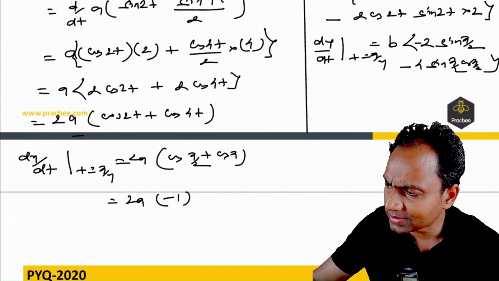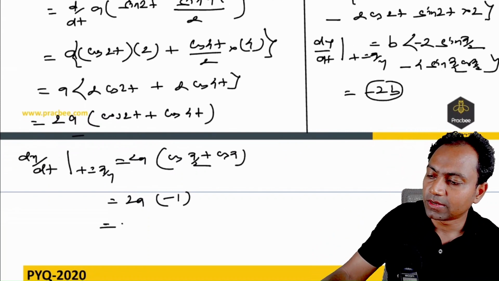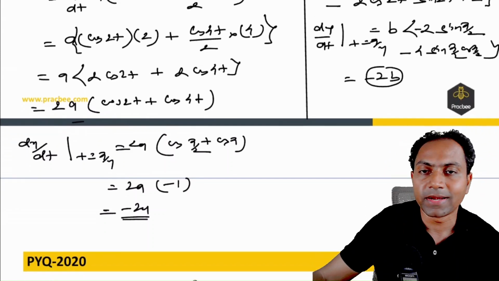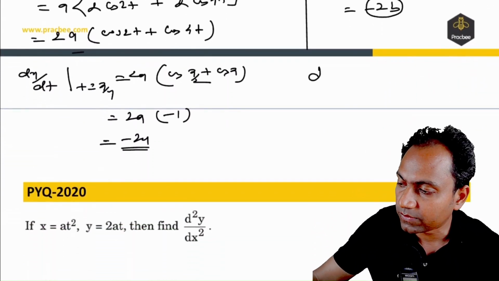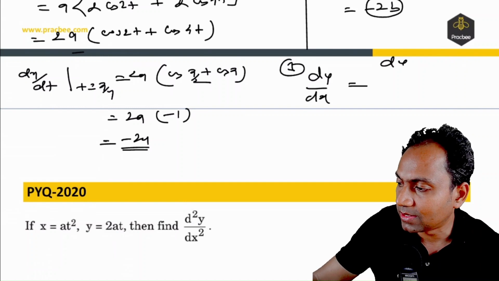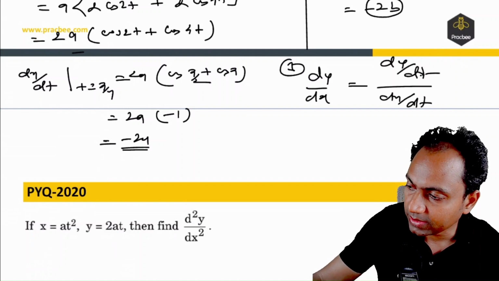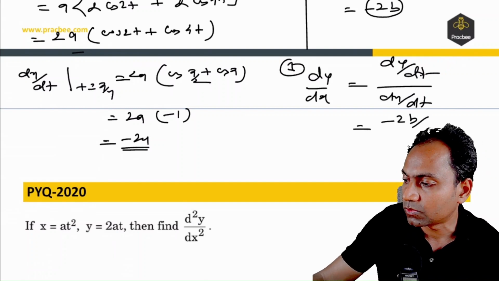And what we are getting is nothing but minus 2b from here, and what we got earlier was minus 2a. So because we want to find the value of dy by dx in the third part, we will divide dy by dt by dx by dt, and if I divide it, it becomes minus 2b by minus 2a, or b by a.